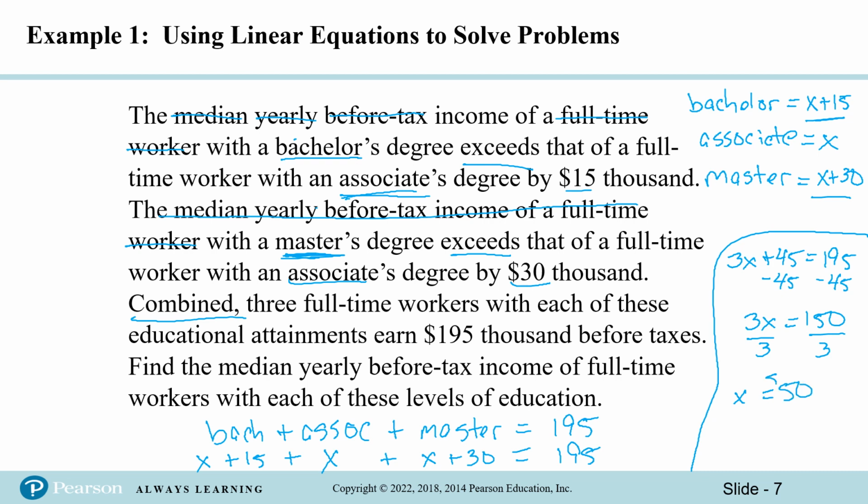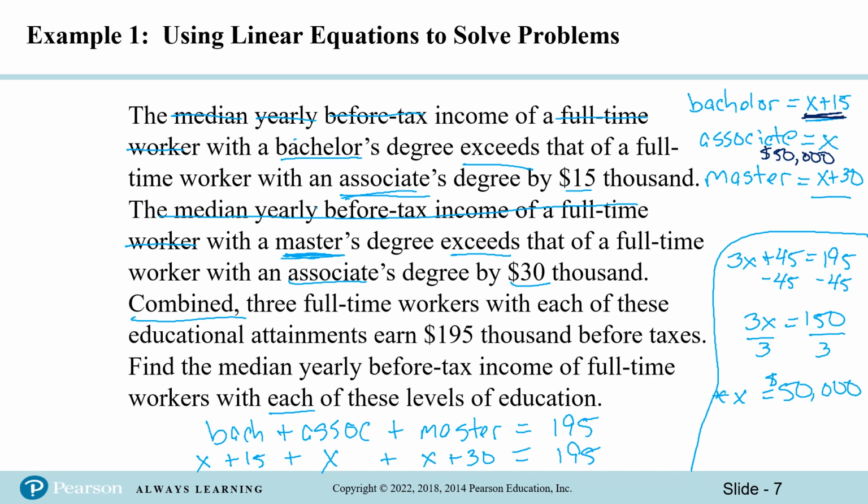Now remember that was in thousands. And that's just x. We need each level. So an associate's degree, they made 50,000. But a bachelor's degree made 15,000 more.